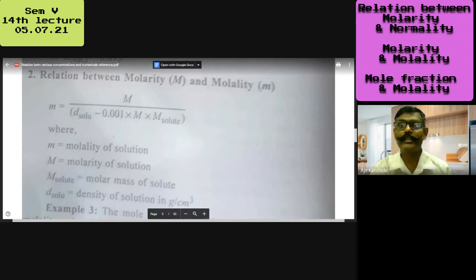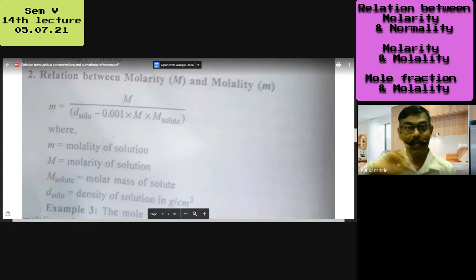Now the question arises, from the density of solution, why we subtracted that gram per dm cube, this relationship? Actually, it is related to solute. Density of solution, in that solution both factors are there. Which are the both factors? Solute and solvent.